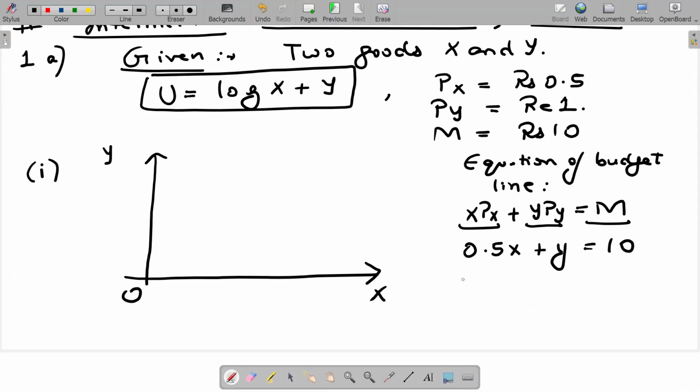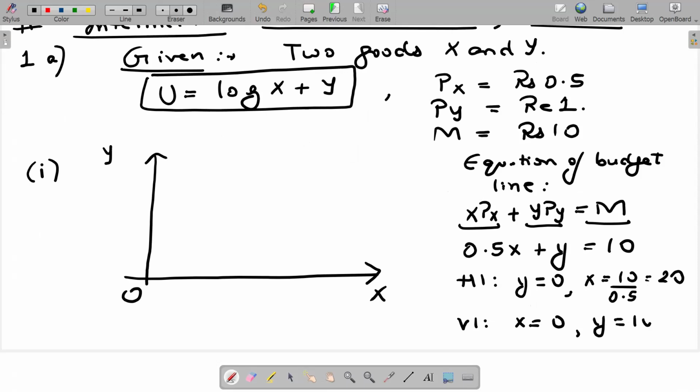If I plot the intercept, the horizontal intercept of the budget line is, I put Y as 0. So I get X as 10 over 0.5, which is how much? 10 over 0.5 comes out as 20. And the vertical intercept is, I put X as 0. So Y simply comes out as 10.